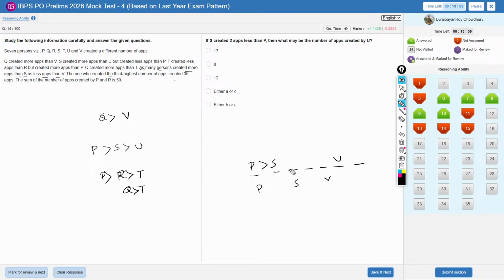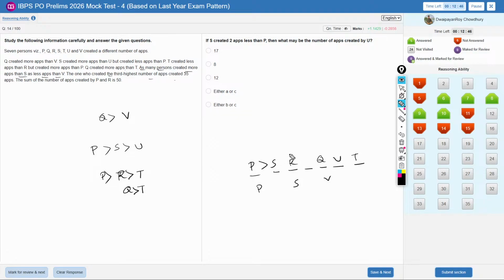Let's go by this. S, U. Okay. Q, T. Q. R, T. T more than S more than U. Okay.